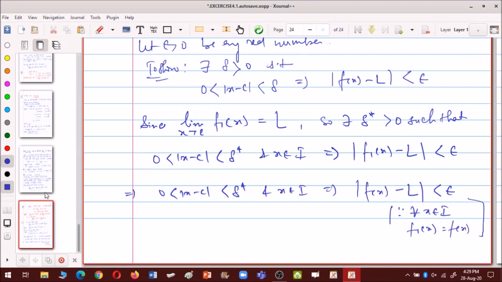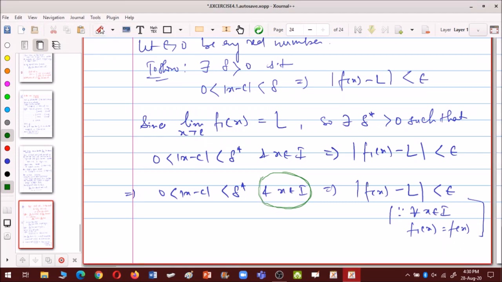So now to prove the first part, we just have to remove this condition, because the domain of f is complete R. So somehow we have to choose our delta so that this gets removed. So we want to remove this.